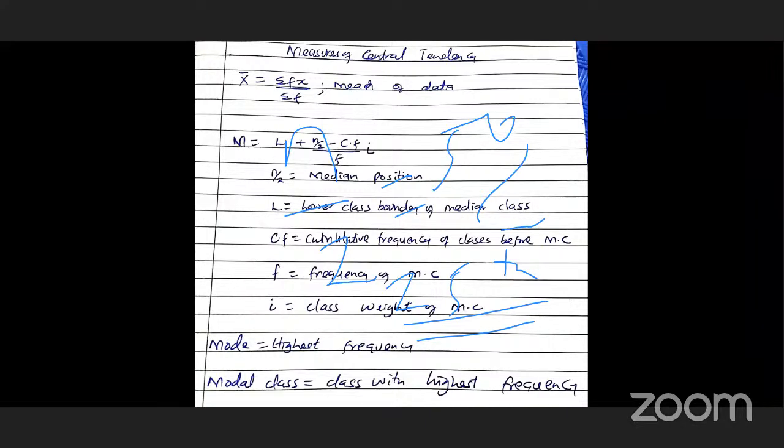How do we tell which is the median class? The median class, we've said, is the class with the median position. Maybe we'll look at that later, but to answer that, we will need a column that gives us positions. For us to achieve this, we need a column for cumulative frequency, which adds frequencies cumulatively.